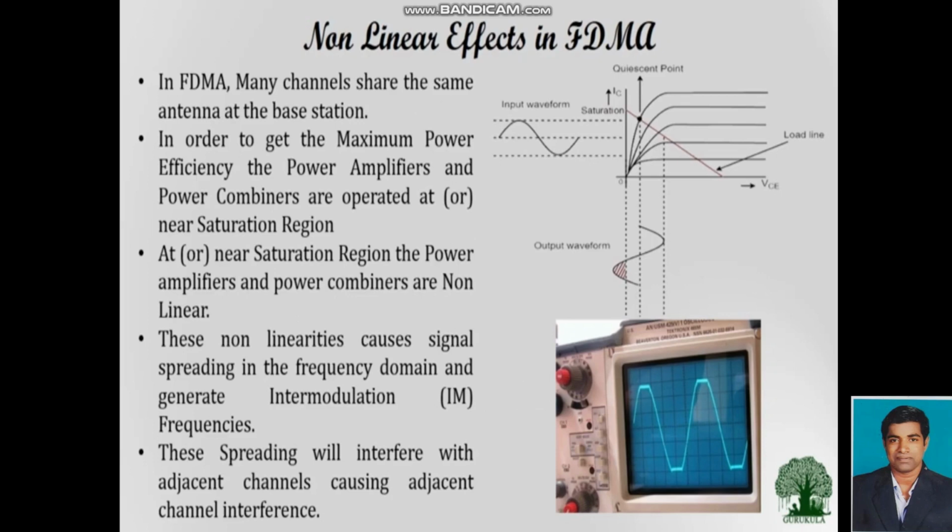At the near saturation region, the power amplifiers and power combiners are nonlinear. These nonlinearities cause signal spreading in the spectrum domain, the frequency domain, and generate intermodulation frequencies. This spreading will interfere with the adjacent channels, causing adjacent channel interference.